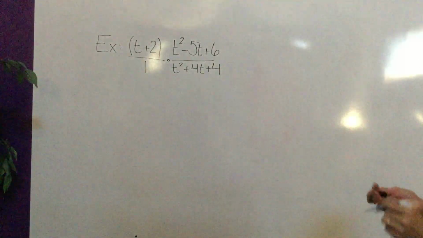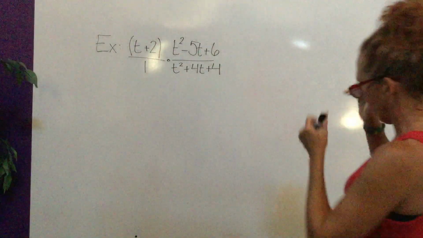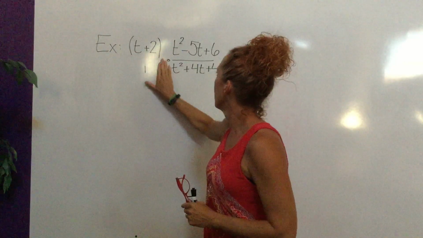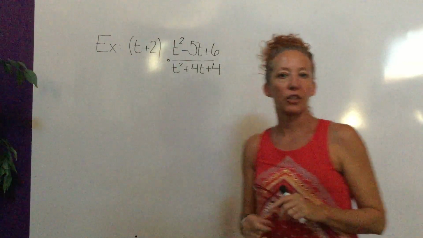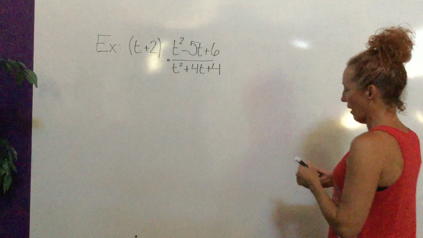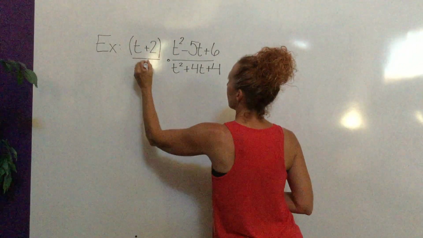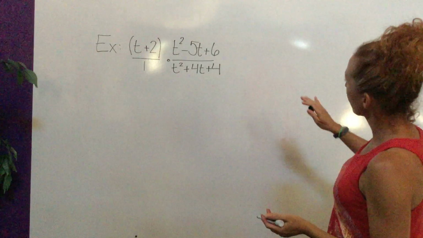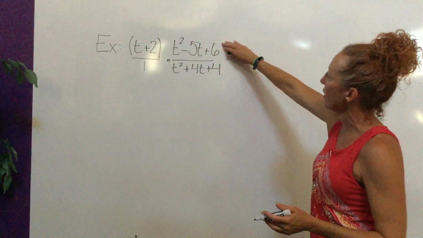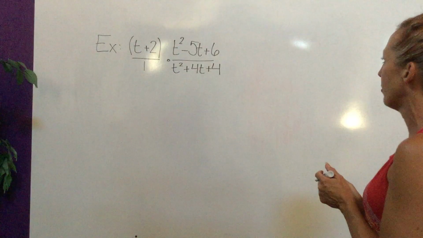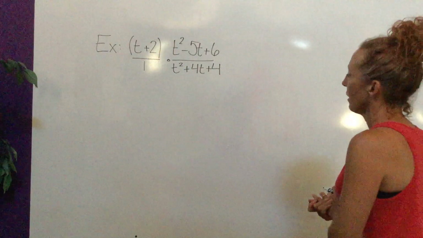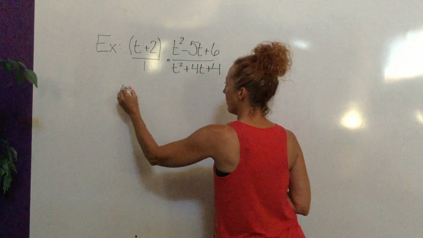So I gave us a break on this one because I just wanted to show you that if it comes to you like that, not as a fraction, you can go ahead and create that fraction by putting it over a 1. So that's an option. This also helps to review how 6 can be a tricky thing to factor, and this one has a piece that is unique as well. So t plus 2 doesn't really do anything.